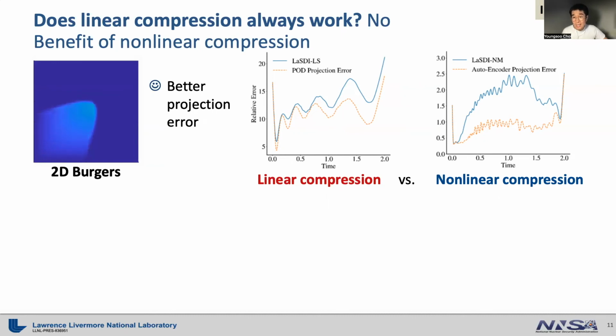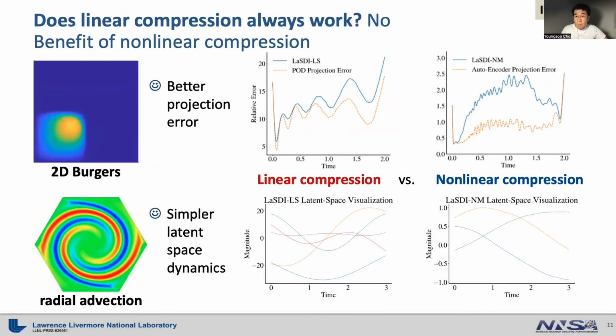This implies that nonlinear compression has more compressibility or expressivity than the linear compression. Plus, if you compare the latent space dynamics from both compressions, the nonlinear compression tends to give a simpler dynamics than the one from linear compression. This is obviously advantageous in the context of the LaSDI framework.